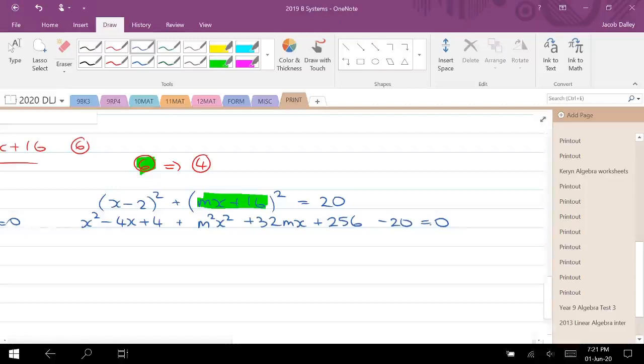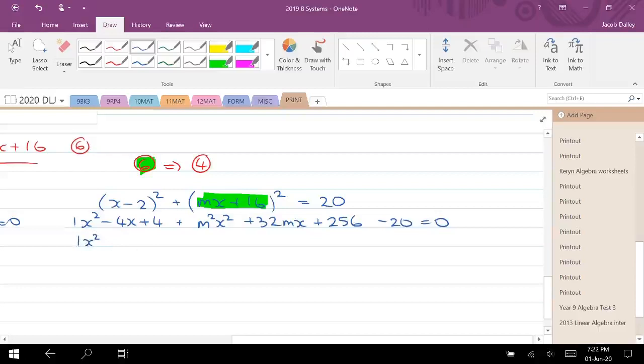Now what we want to do is collect our x squared terms together, our x terms together, and our numbers together. So when we do that, we're going to get 1x squared.